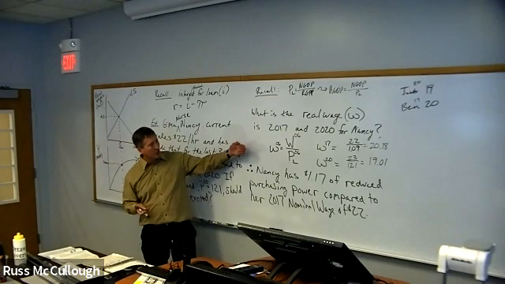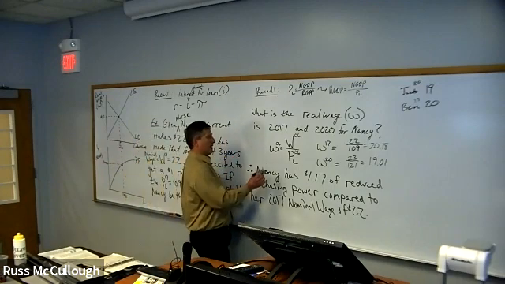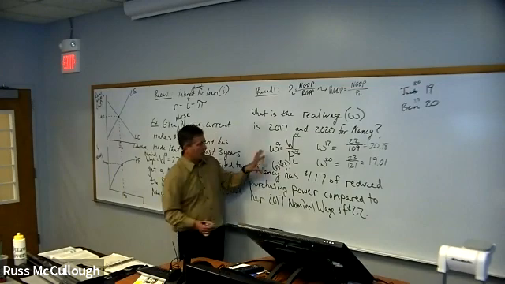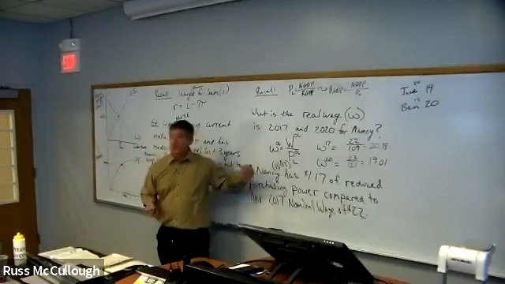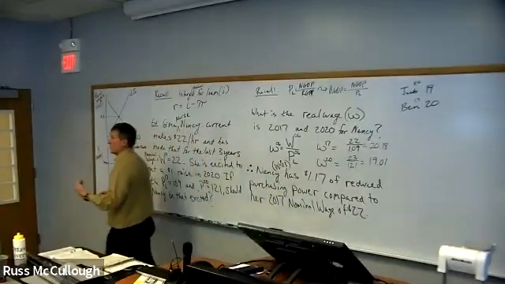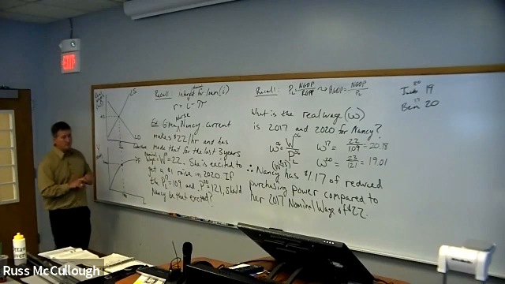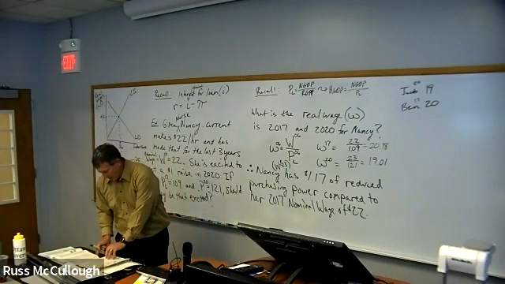So in other words, her $23 nominal wage has $1.17 of reduced purchasing power compared to her nominal wage of 22 back in 2017. Okay.